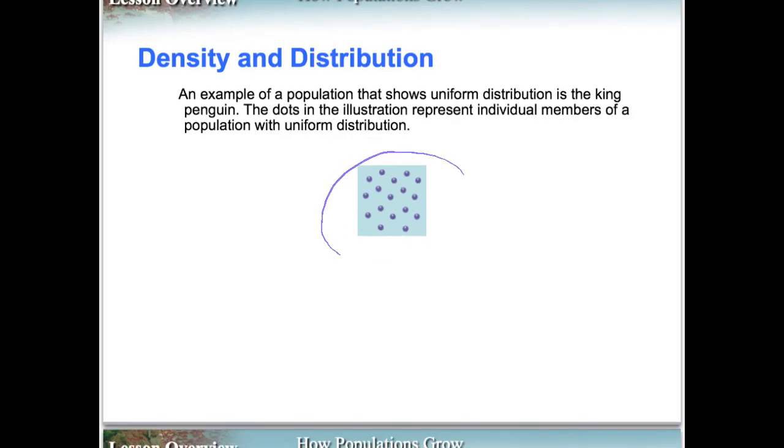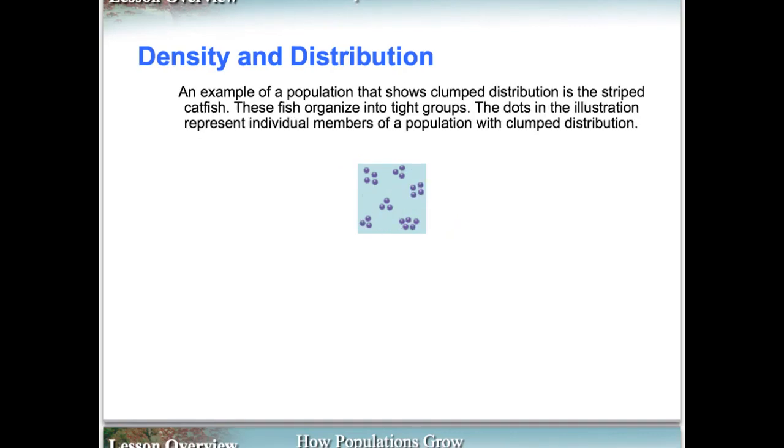This example shows a more uniform distribution, where each organism has a certain amount of space to themselves, and it's pretty much the same amount of space as each of the other organisms. And finally, this shows those that are in clumps. A lot of times we're talking about organisms that would travel in herds or in schools, like these fish.